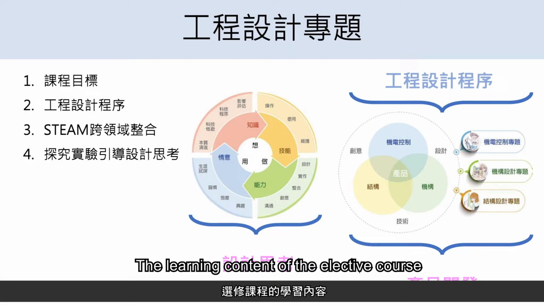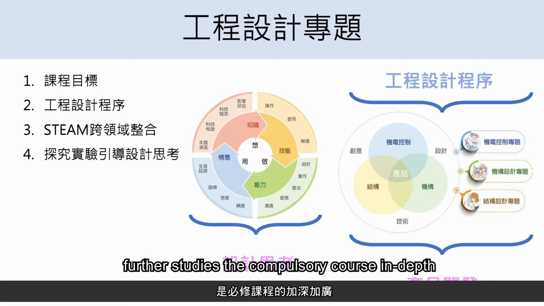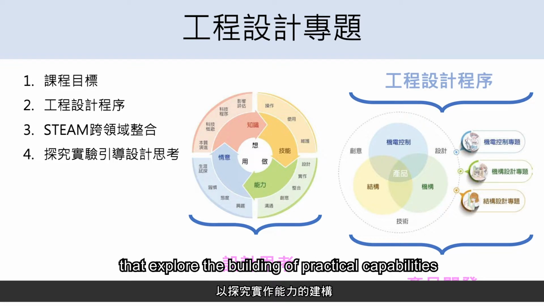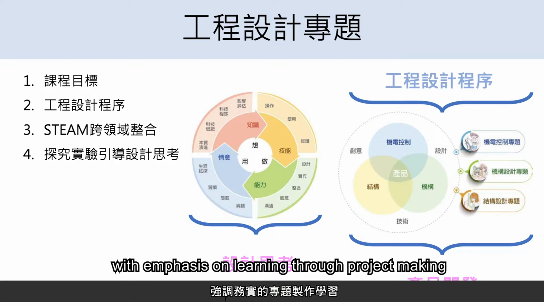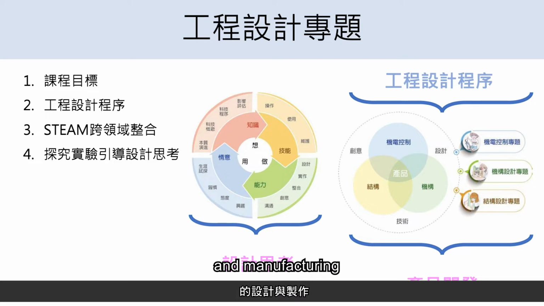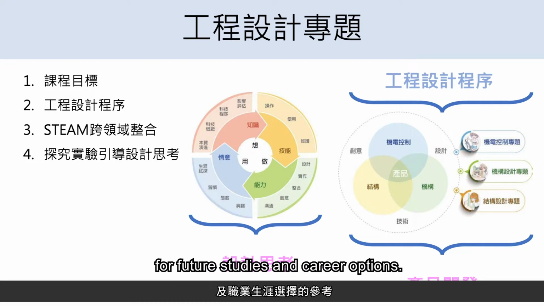The learning content of the elective course further studies the compulsory course in depth, with emphasis on technology integration concepts that explore the building of practical capabilities, with emphasis on learning through project making, which allows students to experience engineering-oriented design and manufacturing, and provide them with reference for future studies and career options.